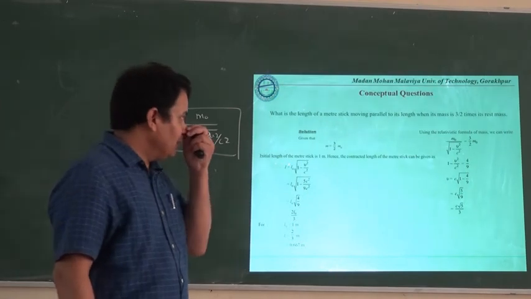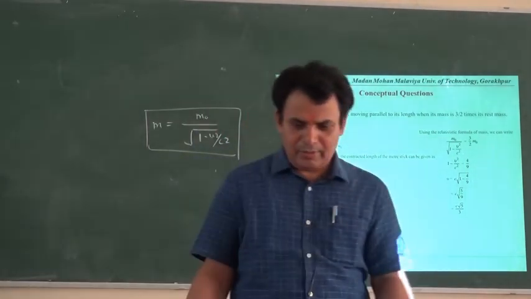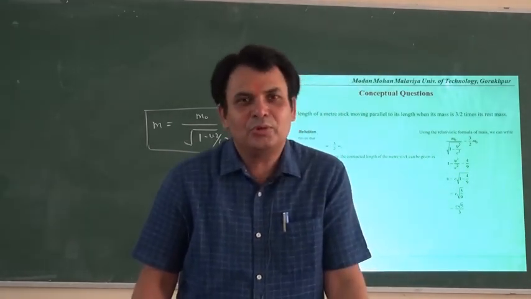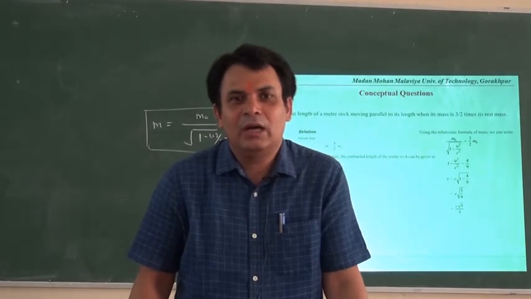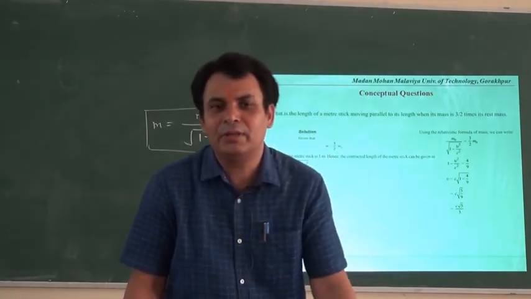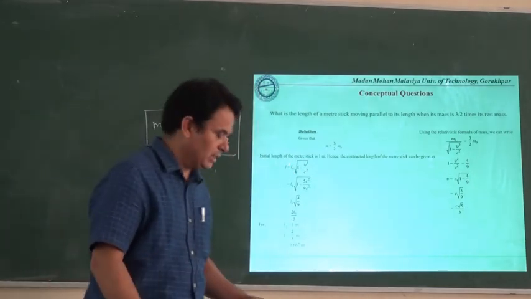Similarly, this is a very easy and very interesting question. If a body has been driven with a particular velocity, with what velocity should it move so that its mass is equal to 1.5 times its earlier value? That earlier value means its rest mass.